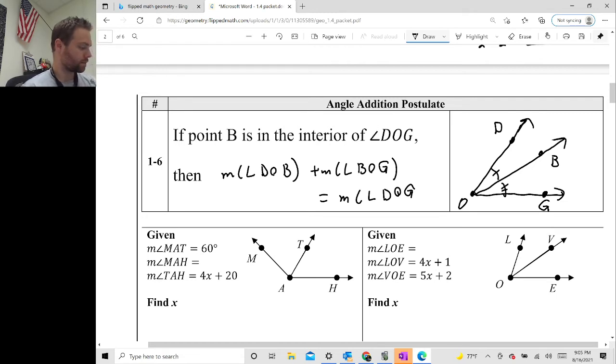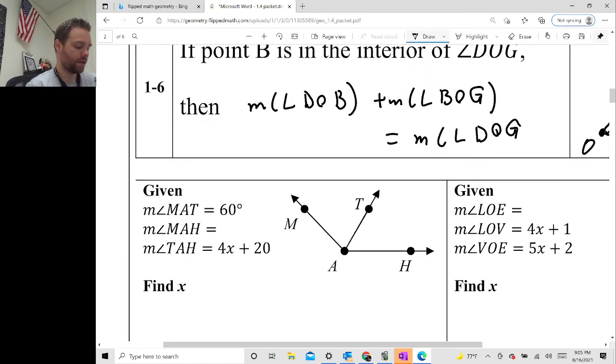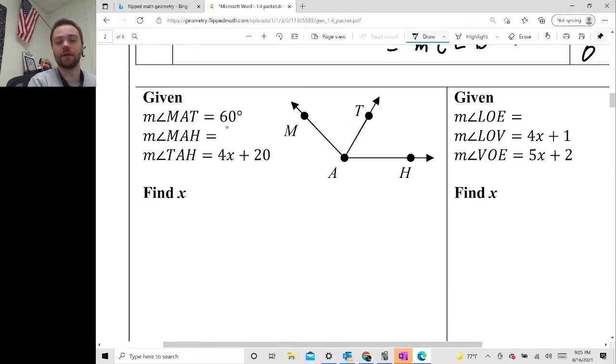Okay, just writing some of this down. Here, angle MAT, they say it's 60. So this angle here is 60. And then they give us that TAH is an algebraic expression, 4x plus 20. So that angle is 4x plus 20.